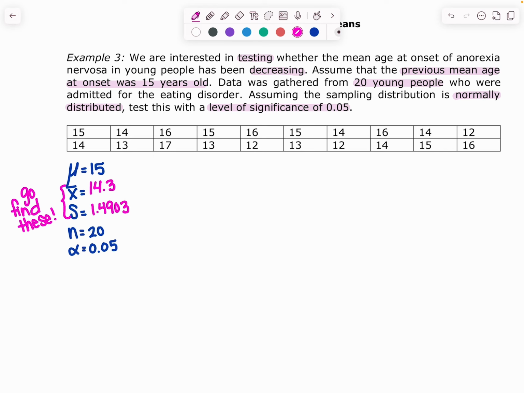The more decimals we give on the standard deviation, the more accurate our final answer is going to be. So I went and found these numbers ahead of time using Excel, and I calculated the mean and the sample standard deviation.